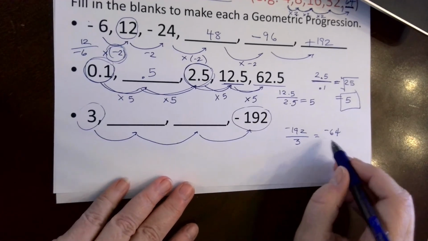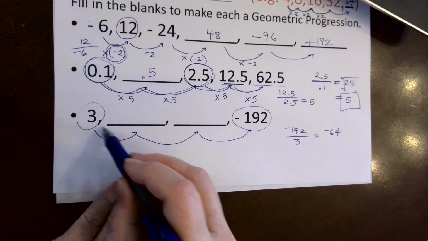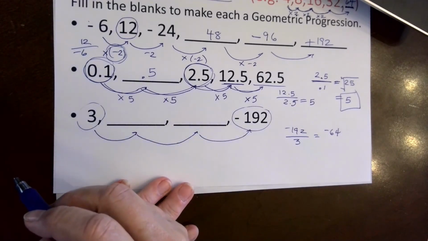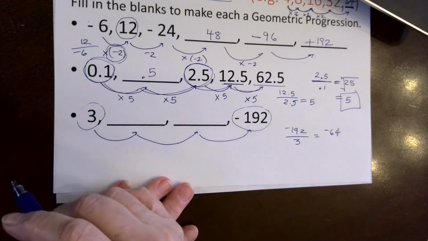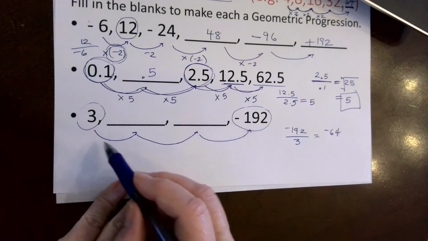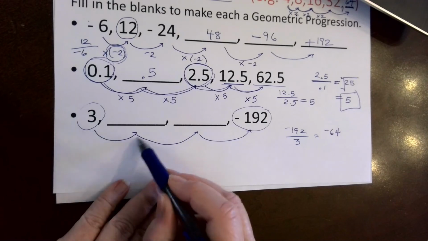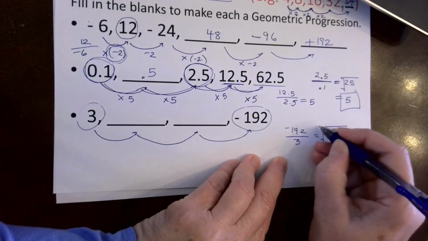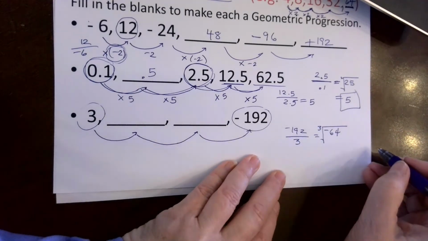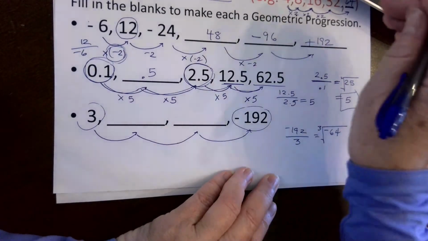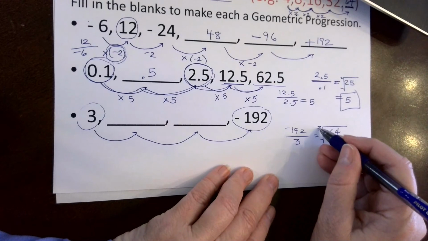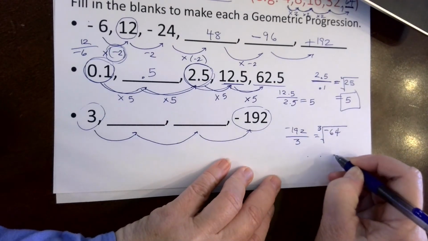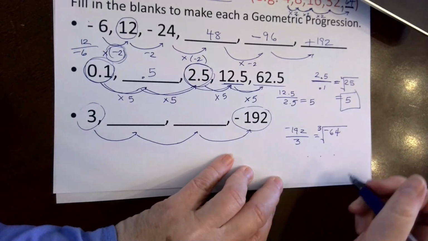I don't square root it, because that wouldn't give me negative 192. How many jumps were there? 1, 2, 3. Instead of square rooting, I'm going to cube root, because there was 3 jumps. That means what times what times what gives me negative 64.